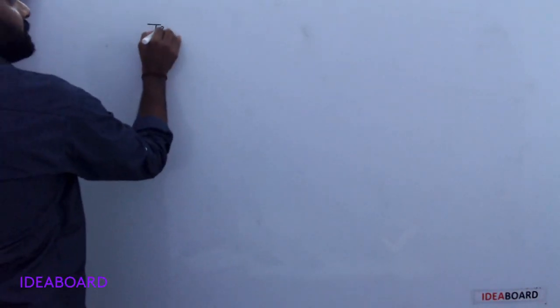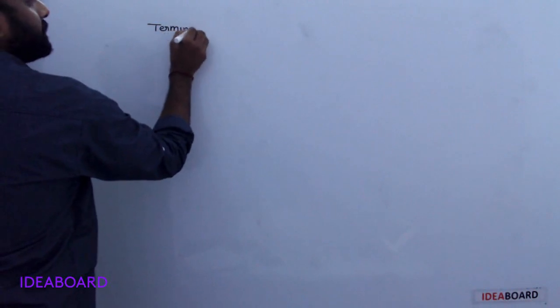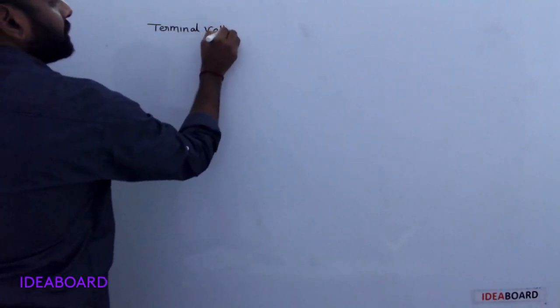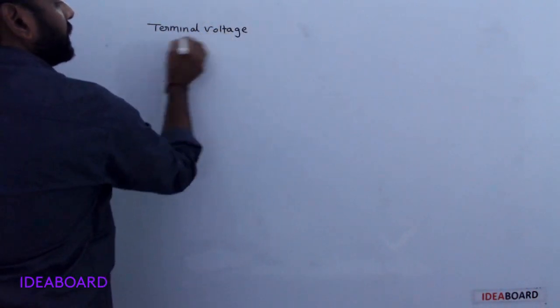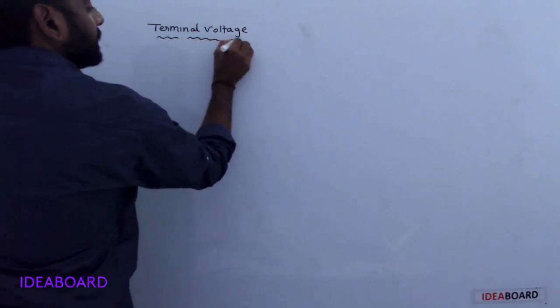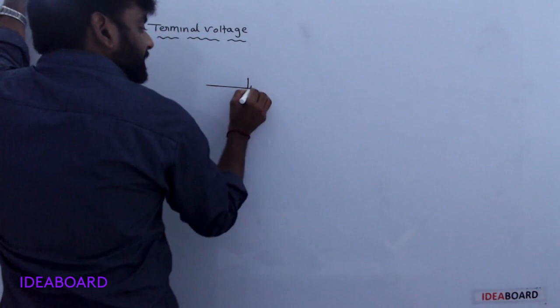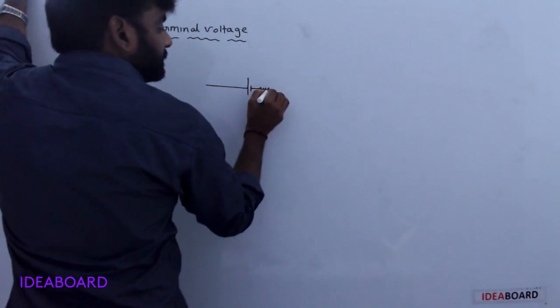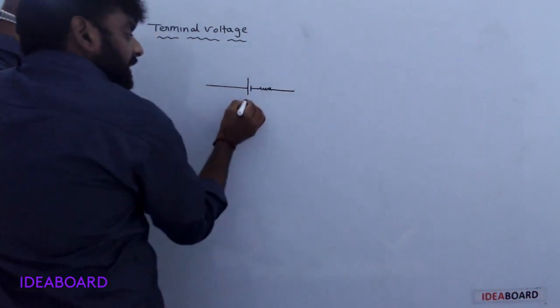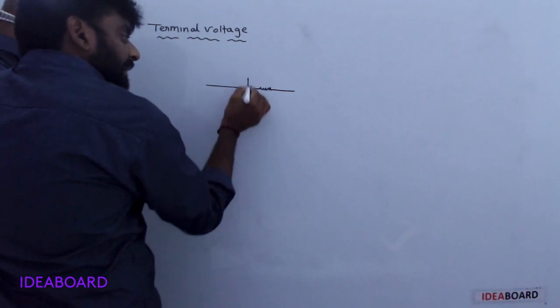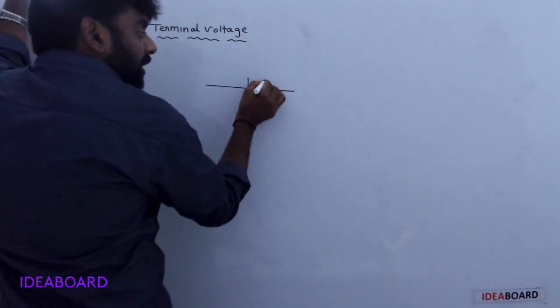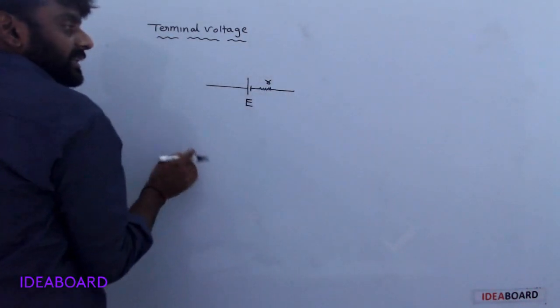So next one is terminal voltage. Here, E is the battery EMF, and small r is the internal resistance.